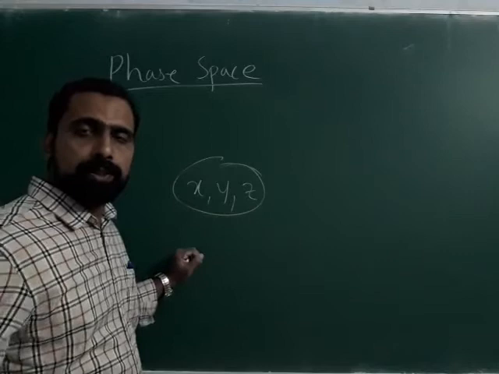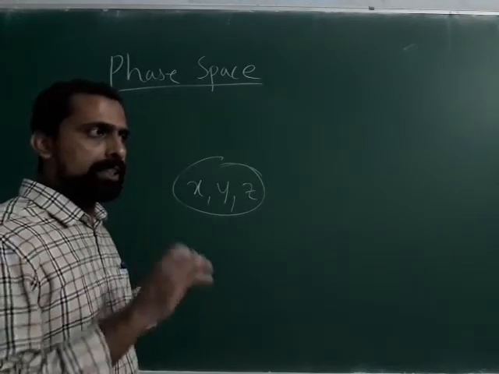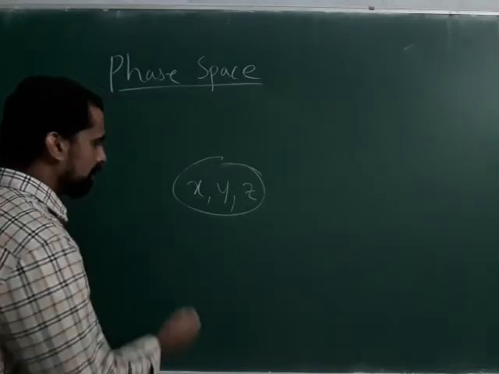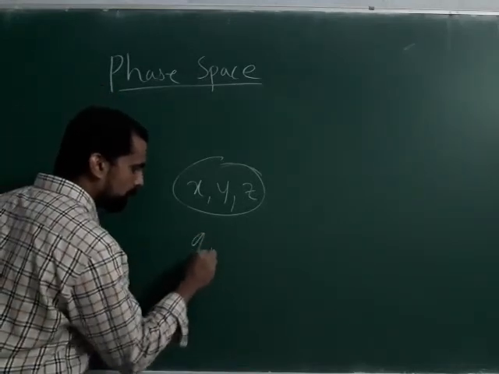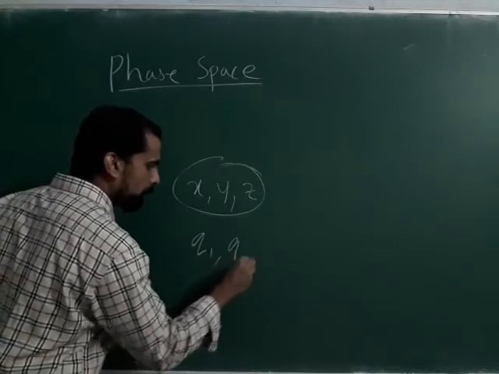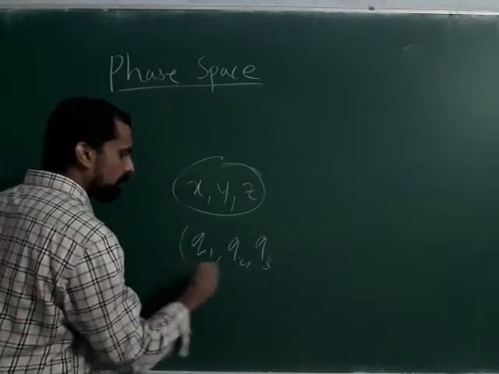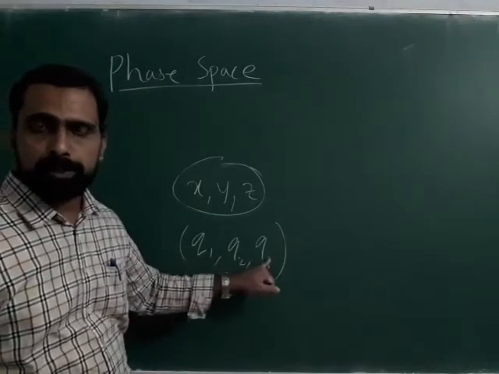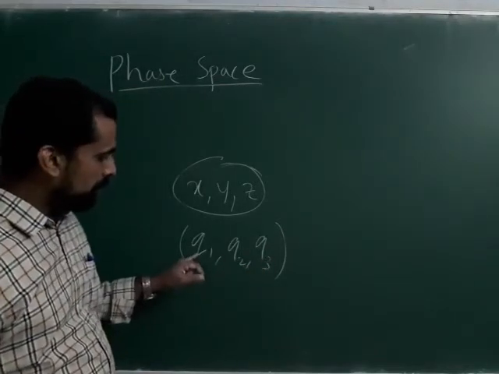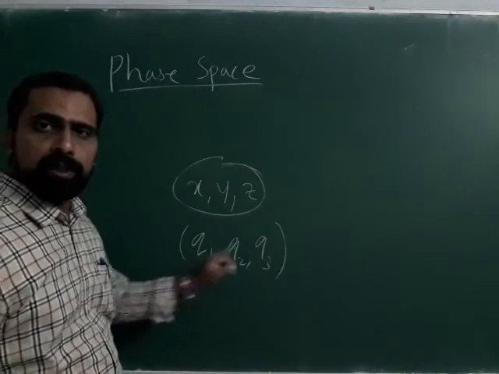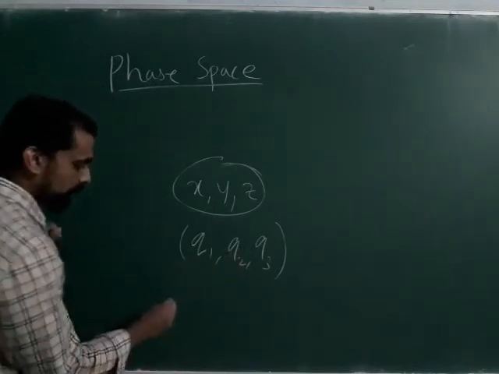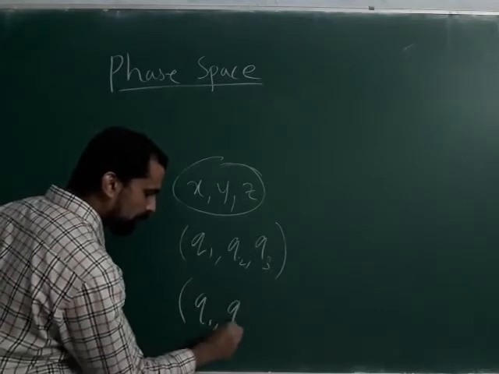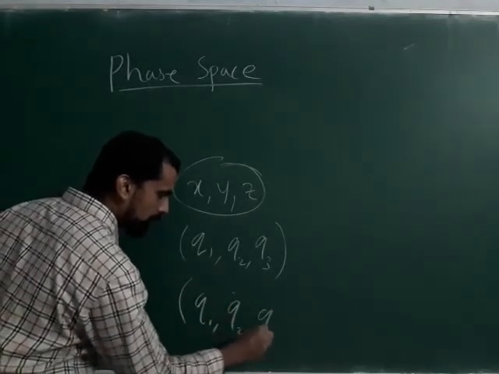If Q1, Q2, Q3 are the position coordinates in the configuration space, then along with this you can also consider Q1 dot, Q2 dot, Q3 dot.